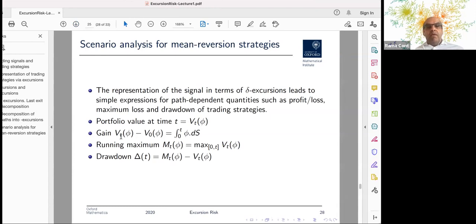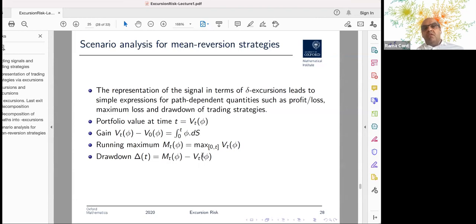The gain will be the change in the portfolio value between 0 and t, which in this case, because it's a self-financing strategy, is also the integral of phi with respect to the value of the underlying portfolio S. Then we'll also be interested in the running maximum, the highest value it can reach, or also the running minimum, the worst case loss, which is the same for minus phi. And then a quantity which is of interest for fund managers is the drawdown, how much your value has dropped since the last highest value. So this is M_t minus V_t.